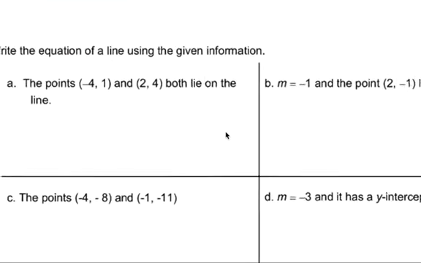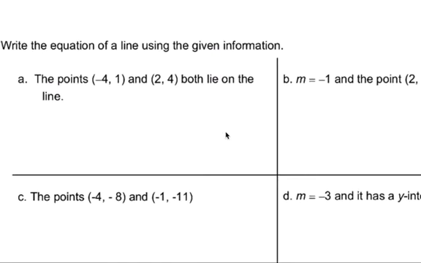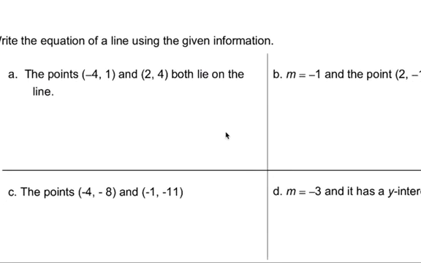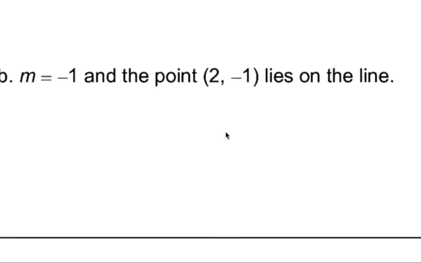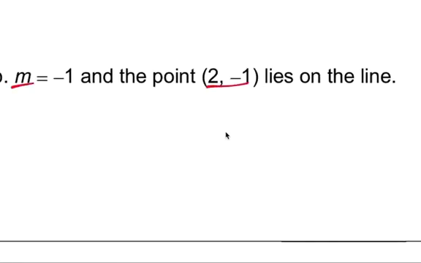Oh, here, point-slope. Write an equation of a line using the given information. It didn't say what type of line. So we'll use a point and a slope. y minus y sub 1 equals m times (x minus x sub 1).